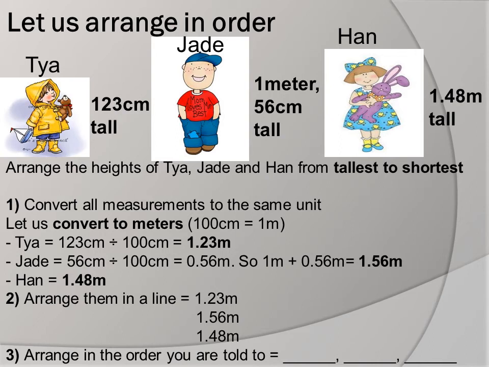Again, the way we convert to decimal during our decimal lessons, move the decimal point 2 times to the left, 0.56 meters. So remember, it's a mixed number, okay? So we have 1 meter already. Add 1 meter to 0.56 meters, we have 1.56 meters.